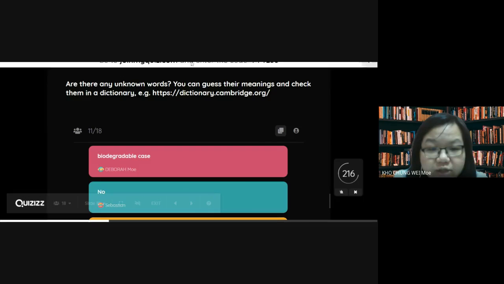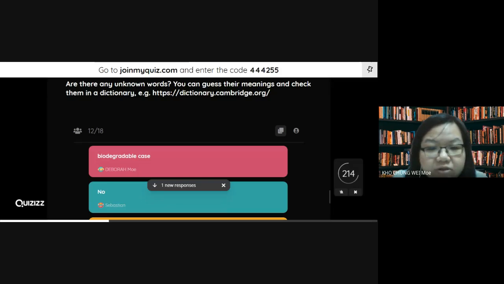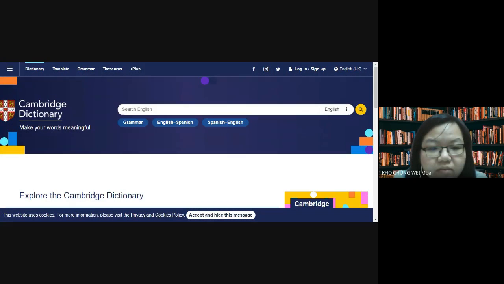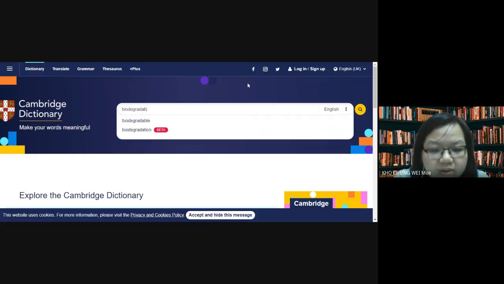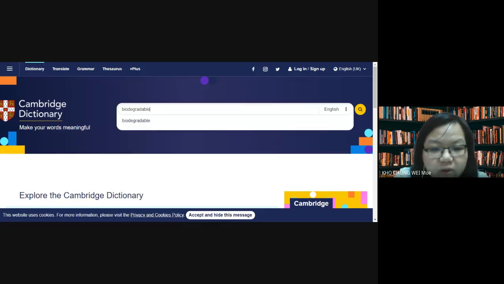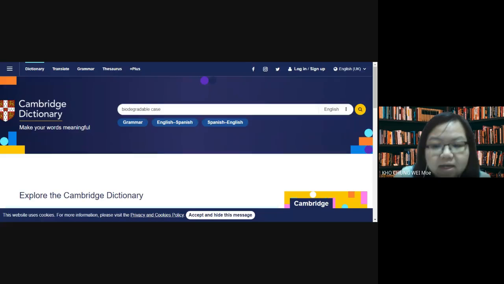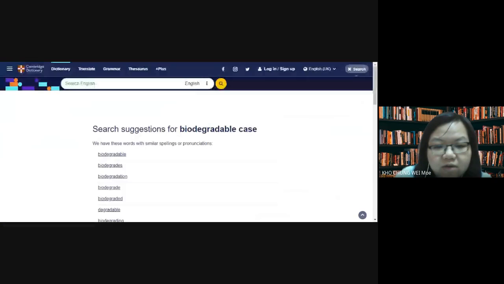All right, so I'll move on to the dictionary. Okay, if you can see on the screen now, we are looking at the Cambridge Dictionary. It's an online Cambridge Dictionary, so you can always use this if you want to look for words. So I guess the problem is the word biodegradable. If you put the whole thing as biodegradable case, I don't think you can find this in the dictionary.